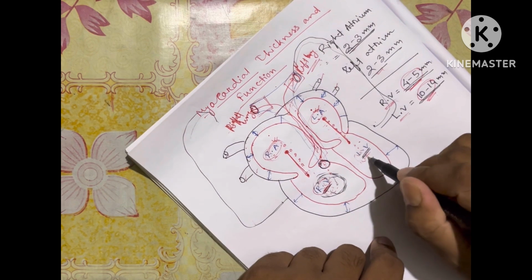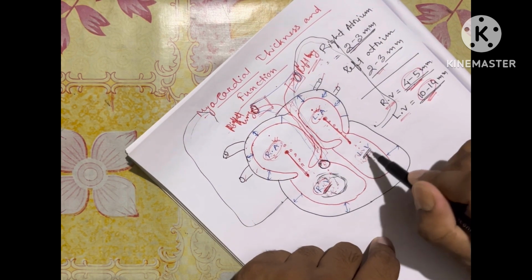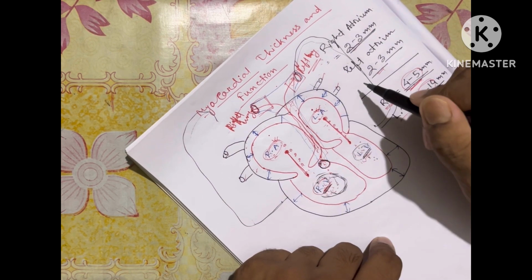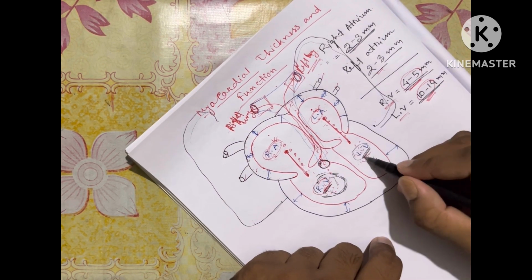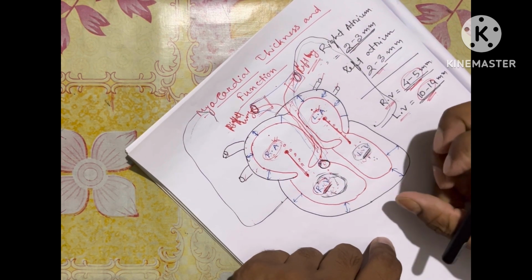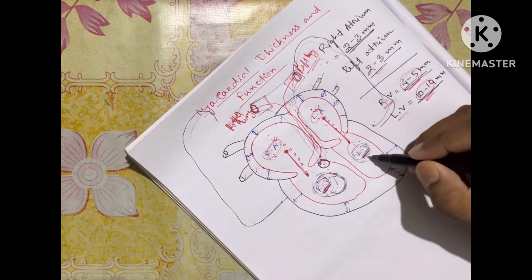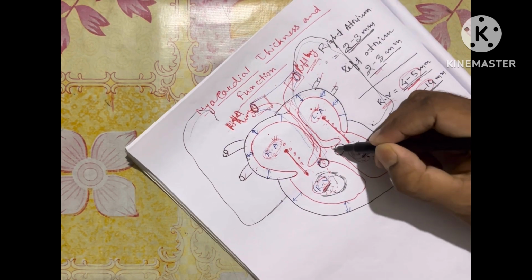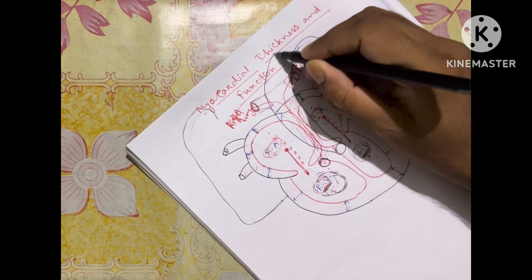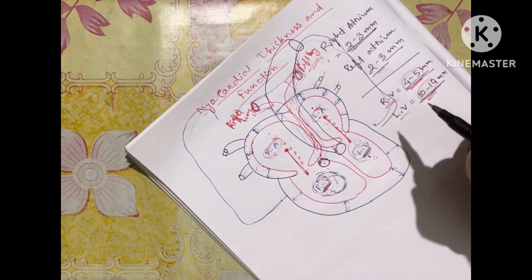This blood inside our left ventricle is going to travel throughout the body. That's why our left ventricle has to contract with so much pressure so that all the content will definitely move through the aorta to all the body parts of our human body.